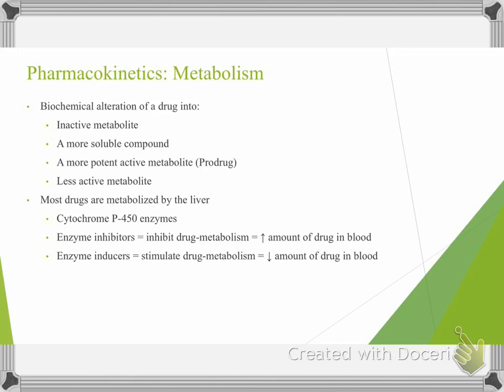Metabolism: you have biochemical alteration of a drug into either an inactive metabolite, a more soluble compound via the liver so it can be excreted via the kidneys, a more potent active metabolite, which we call a prodrug, which means it must be metabolized to be in an active form, and then it can be metabolized or altered into a less active metabolite. Most drugs are metabolized by the liver.